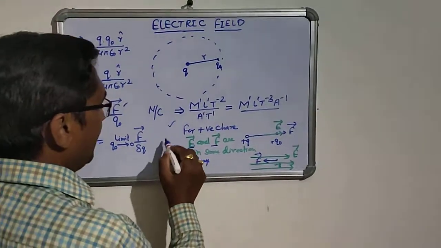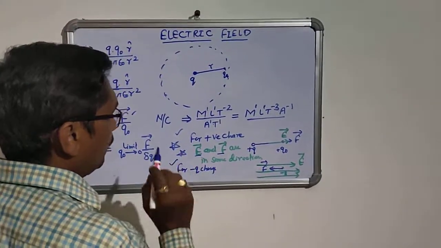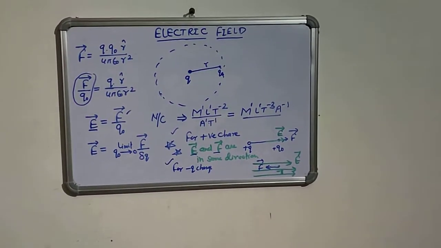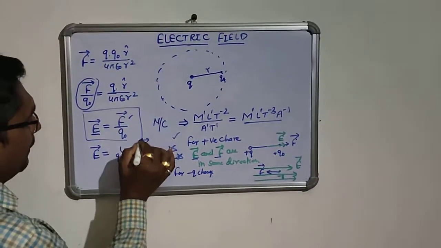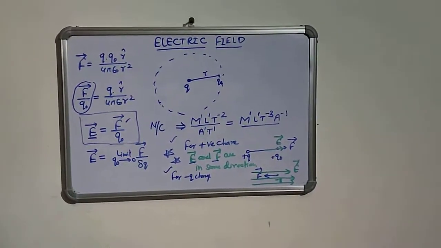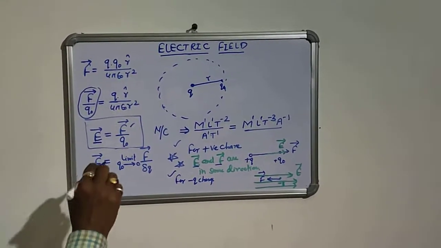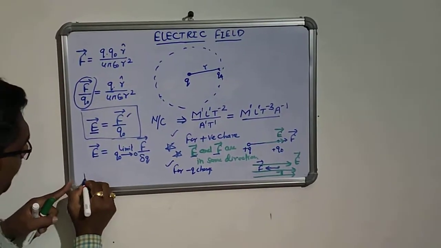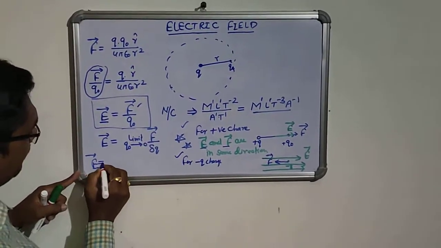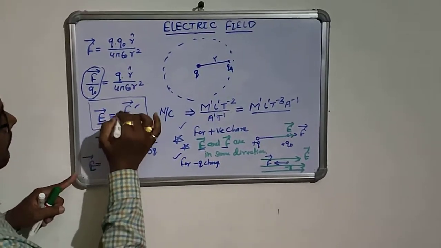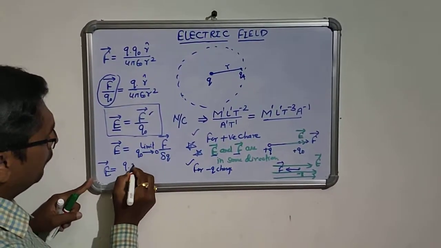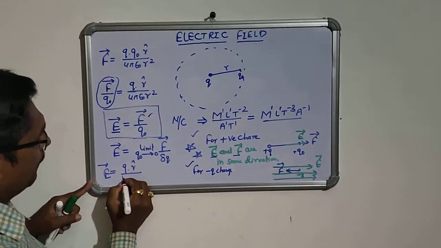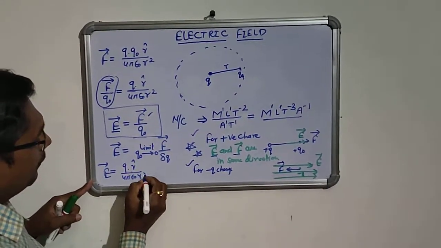These two points are very, very important. So remember them always. This is the definition of electric field in terms of force. And another format of electric field: E vector equals Q R cap upon 4 pi epsilon naught R square.